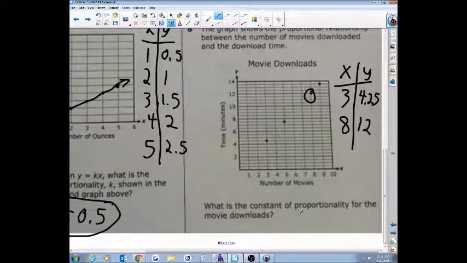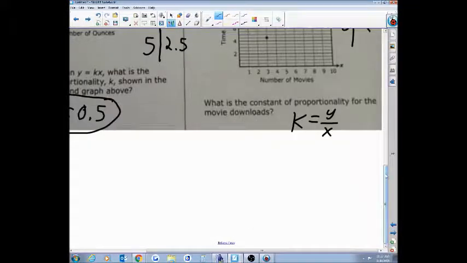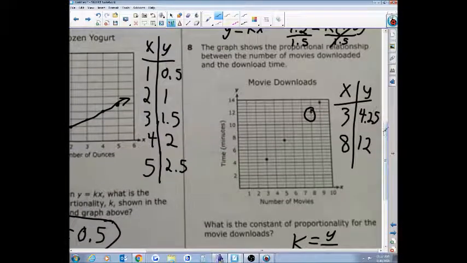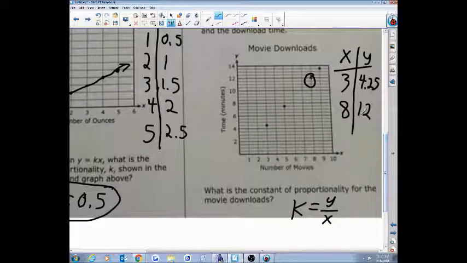So constant of proportionality, k equals y over x. So we're going to use our whole numbers. We could use the other numbers if we wanted to since we have a calculator, but let's go ahead and use the whole numbers. So k equals, when y is 12, x is 8. Now we could just type this into the calculator, but we could also simplify this.